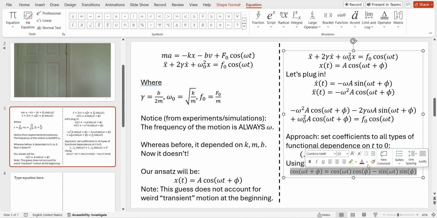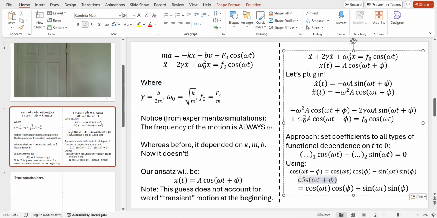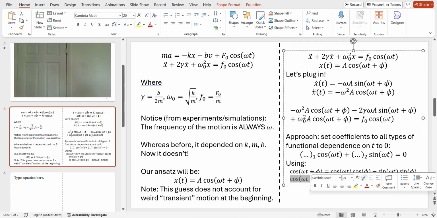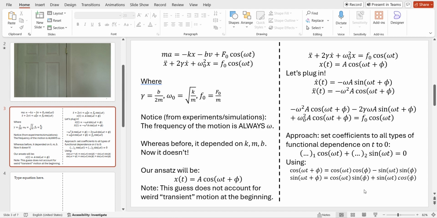And likewise, there's also one for sine. So for sine, sine of omega t plus phi is going to be cosine omega t sine phi plus sine omega t cosine phi. Whatever. Okay. Sorry, guys.